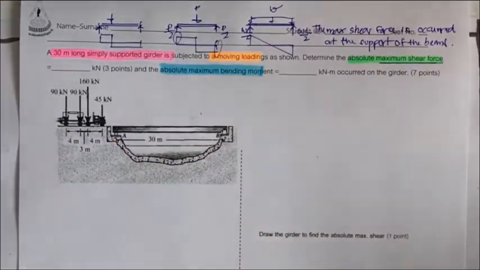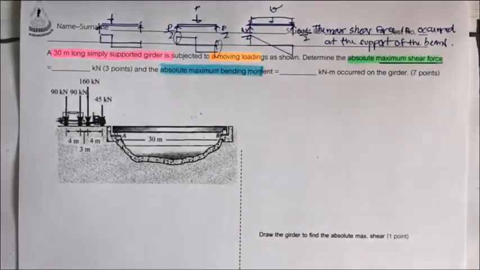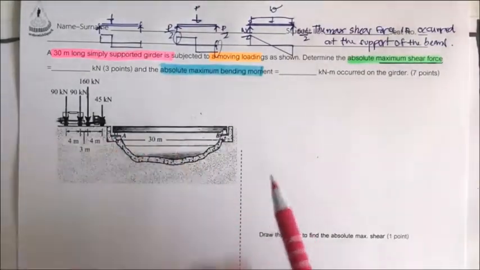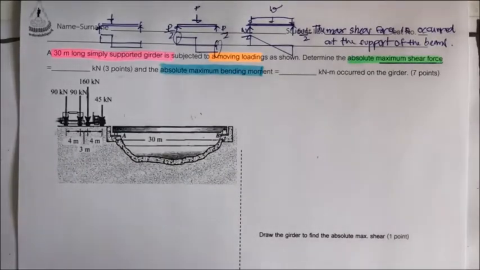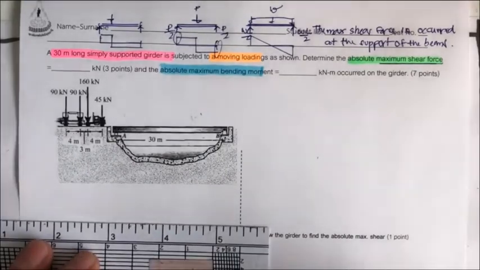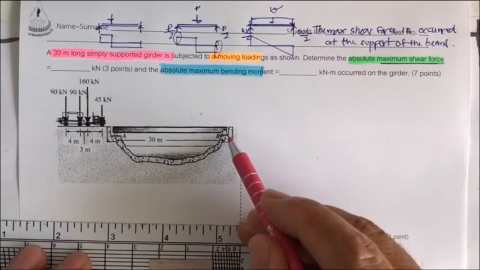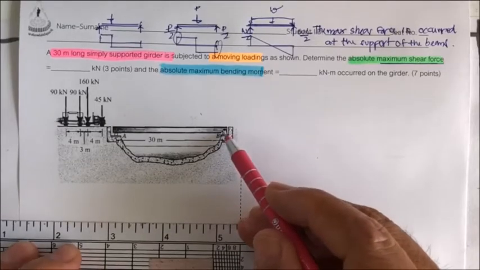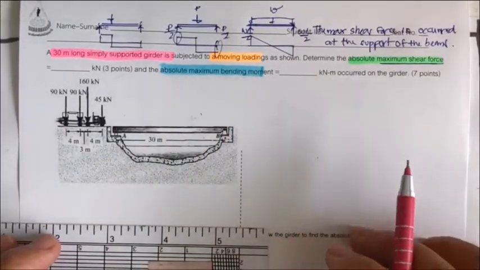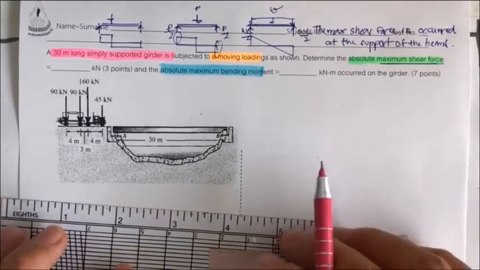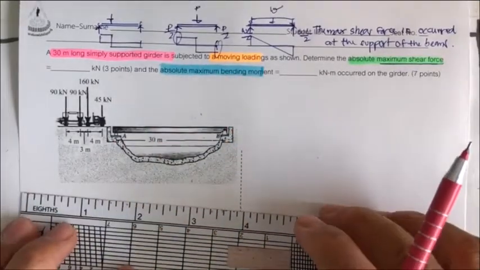So if you would like to determine this, you have to move the vehicle across the bridge, and this time let me consider finding the absolute maximum shear force at support B. Let me try to draw the girder first, and what we have is a 30-meter girder.